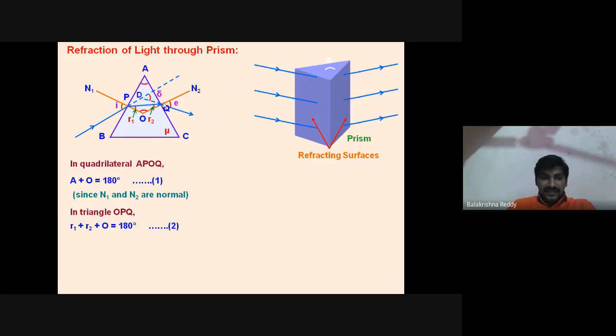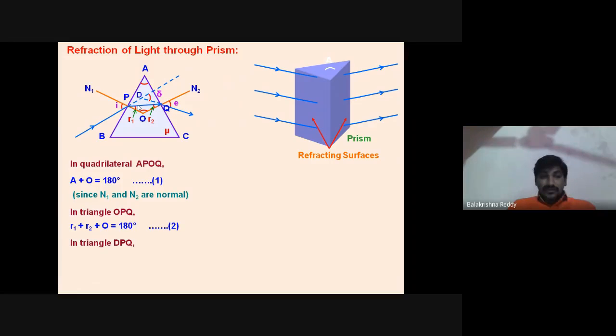This we know clearly from the rules of triangles. If any figure is a triangle, the sum of those three angles must be equal to 180 degrees. So here angle R1 plus angle R2 plus angle O can be taken as 180 degrees. This is equation 2.